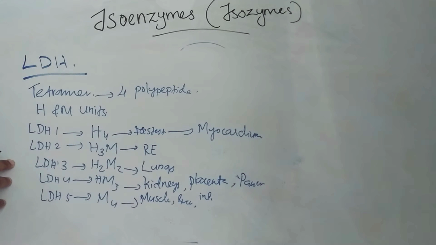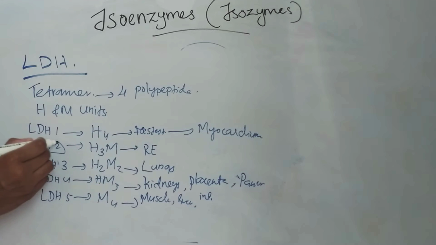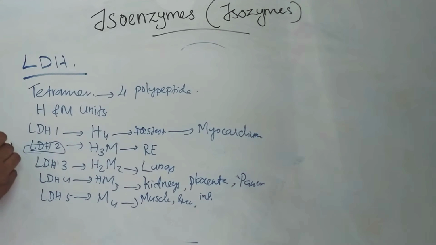In normal condition, LDH2 is the prominent isoenzyme.